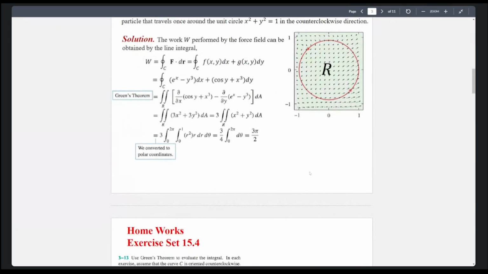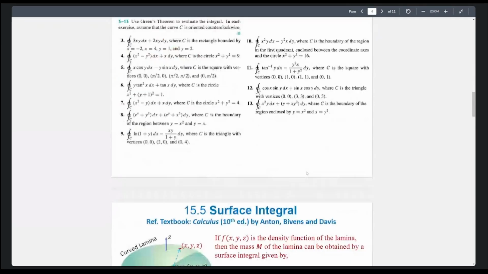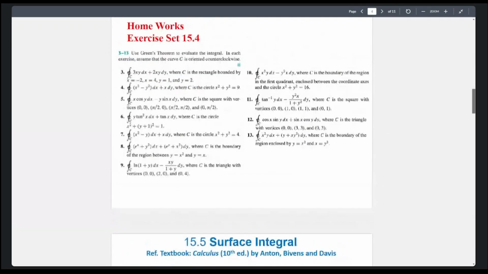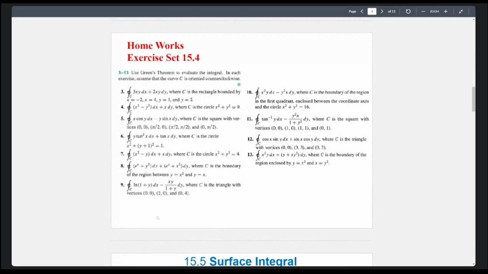Now let us move on directly to the exercise where we will find many more problems to solve using Green's theorem. In exercise 15.4, every problem has to be solved using Green's theorem. So let me now open the board.